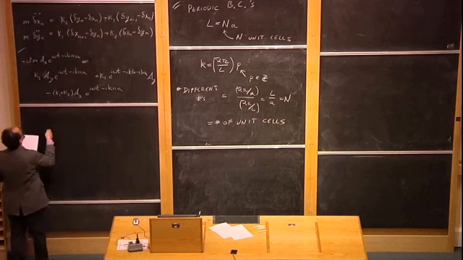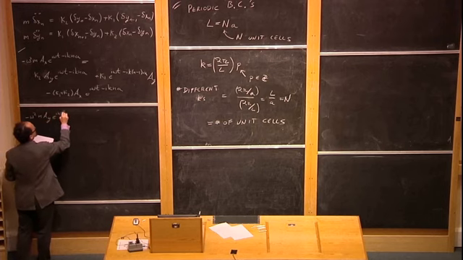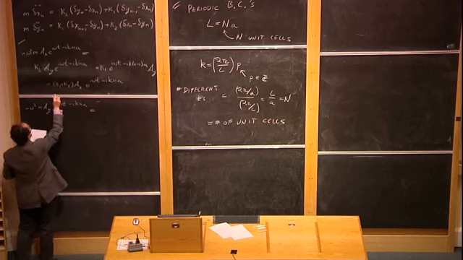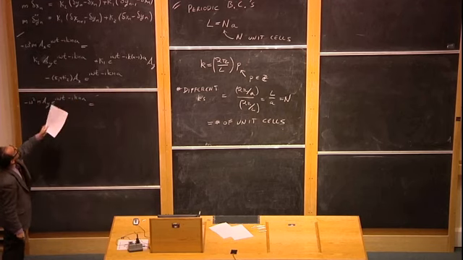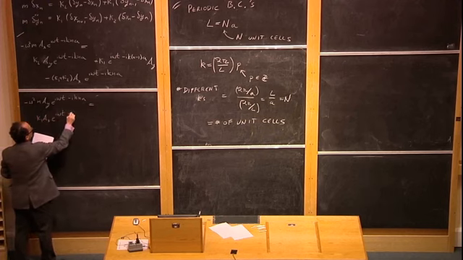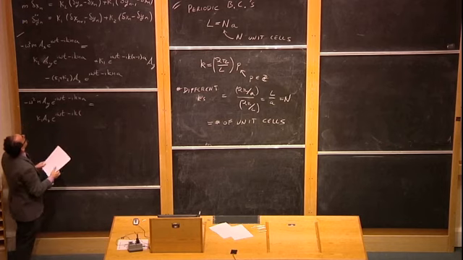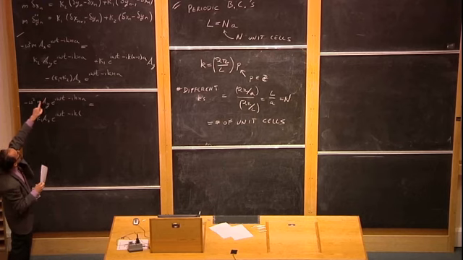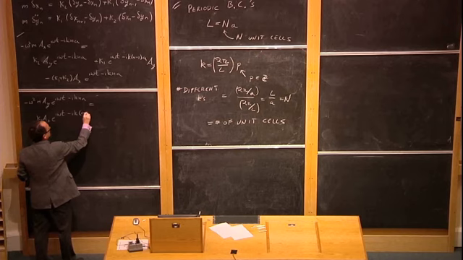OK. And then the other equation is minus omega squared m ay e to the I omega t minus I k n a equals. And let's do the two x terms first. So we have kappa 1 ax e to the I omega t minus I k, and then the coefficient in the second equation of dx with kappa 1 is n plus 1, so it's n plus 1 a here.